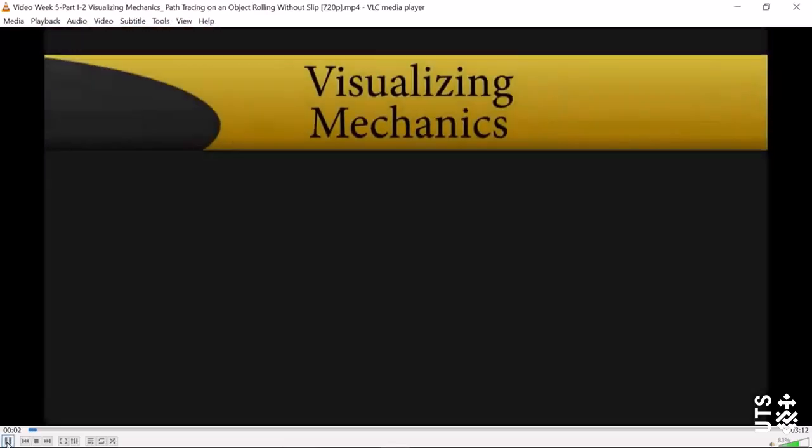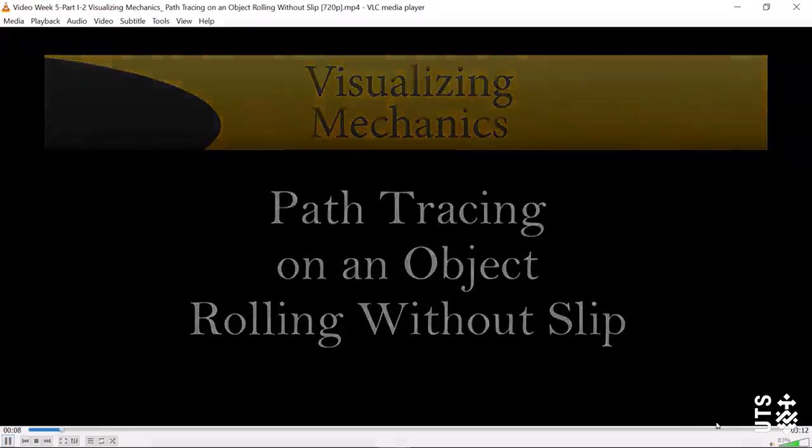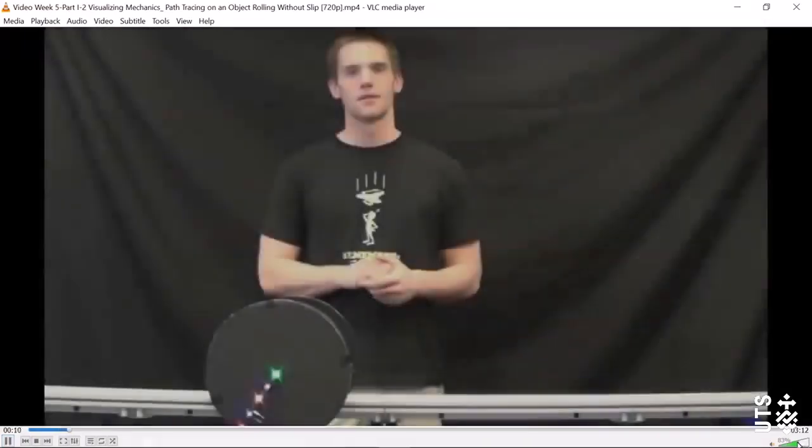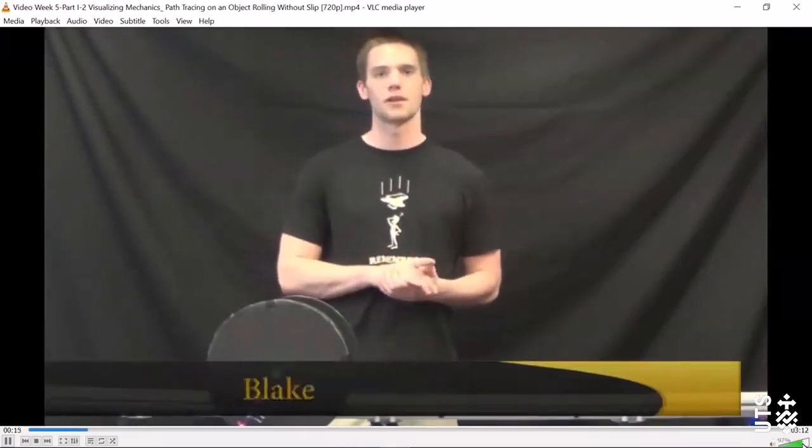Okay, finally, let's watch a video, and in this video you can see the moving path of some points on a rigid body undergoing rolling without slip. Many students wonder what the path of a point on a wheel rolling without slip would look like.